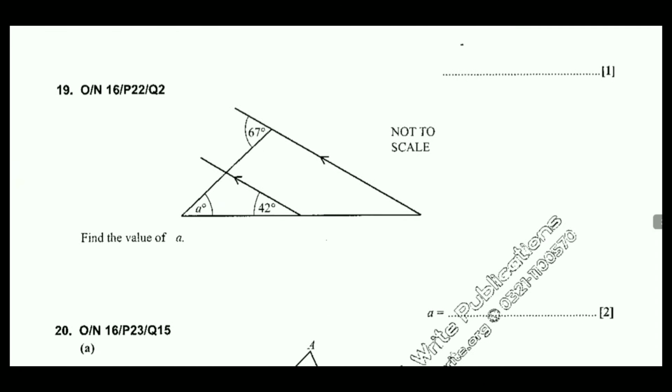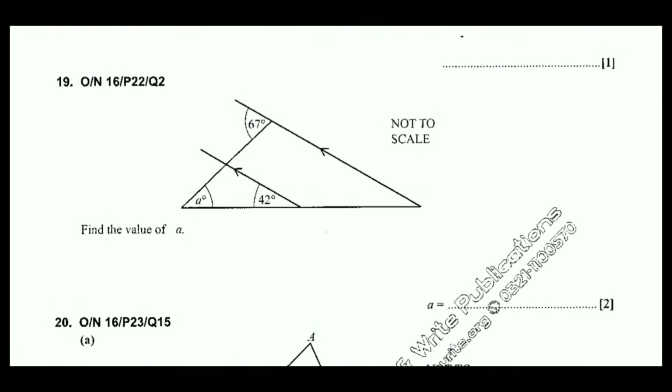19 question. Find the value of A. Okay. We can see a Z here, like these two lines are parallel, so we can see this Z. So it means that this angle will also be 67.